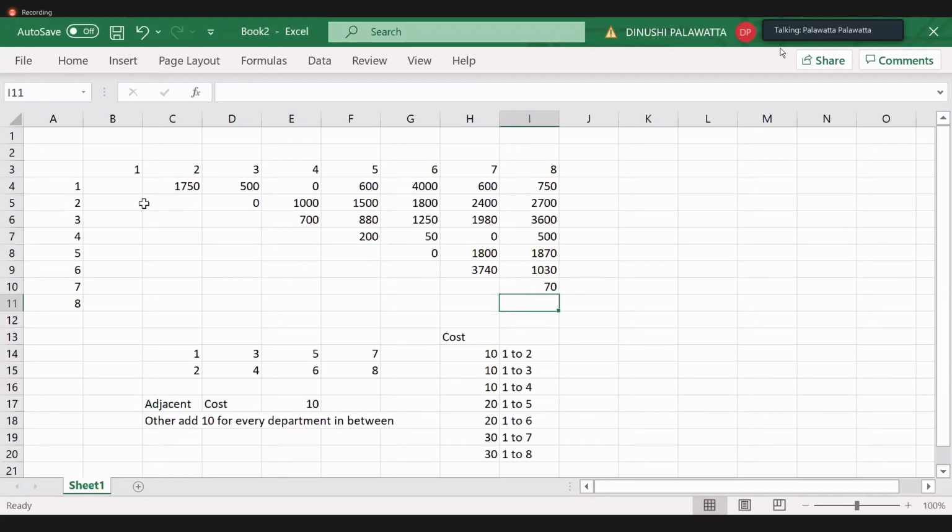So these are the costs, right? So we can add these numbers.